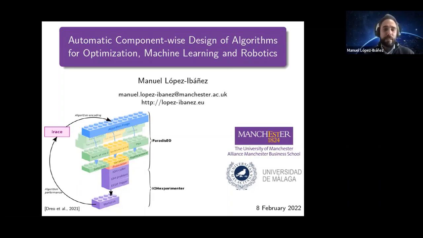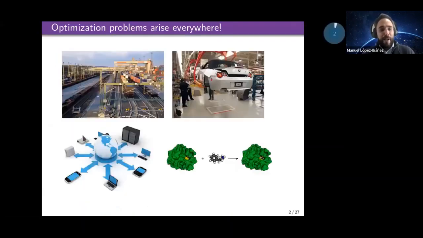Here you can see a picture that summarizes what I'm going to talk about. It's a picture provided by my colleague and friend, Johann Dreo. Unfortunately, I won't have time to describe all the details in this picture, so this is the last time you're going to see it. So let's start.